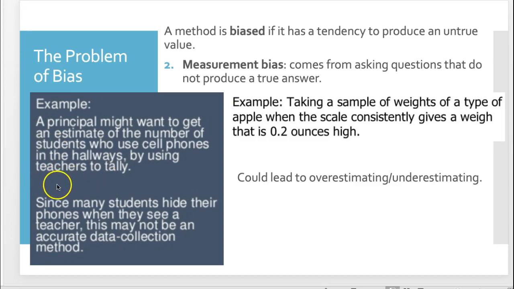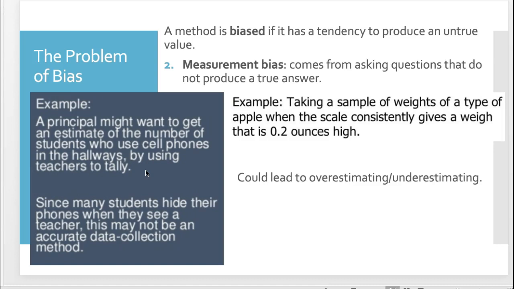Since many students hide their phones when they see a teacher, this may not be an accurate data collection method. Imagine the teacher, possibly an authority figure as well, walking down the hallway. What are students going to do with their phones? They're going to hide them.